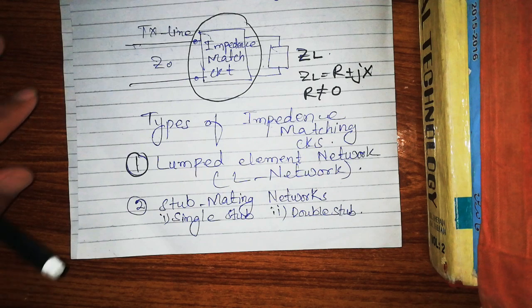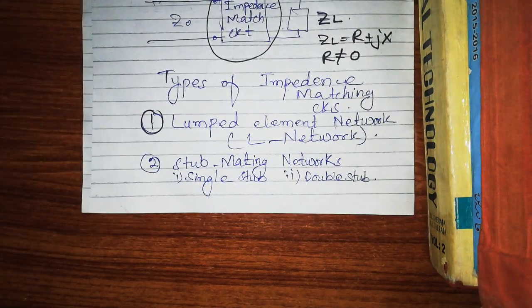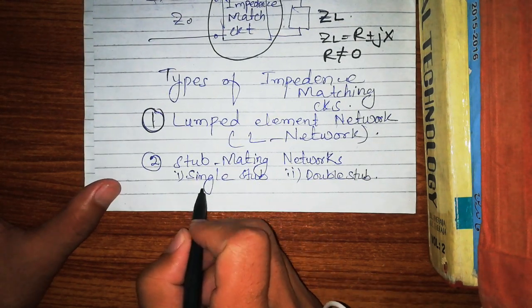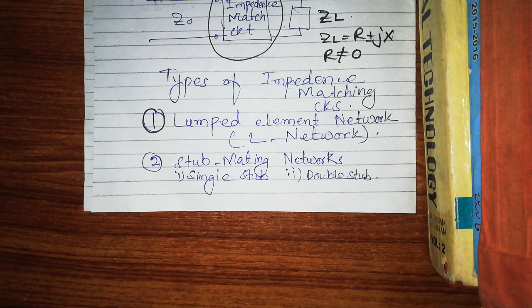The second type is the stub matching network, and in the stub matching network we have two types: single stub matching and double stub matching. First, let me clear up what a stub is. A stub is nothing but a piece of transmission line which is either short circuited or open circuited.